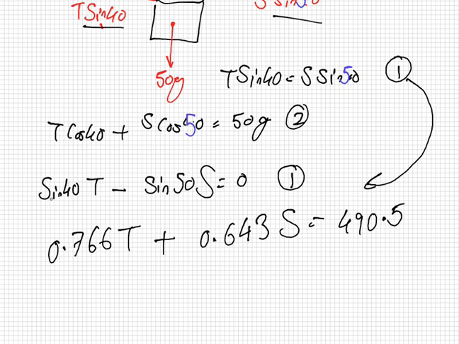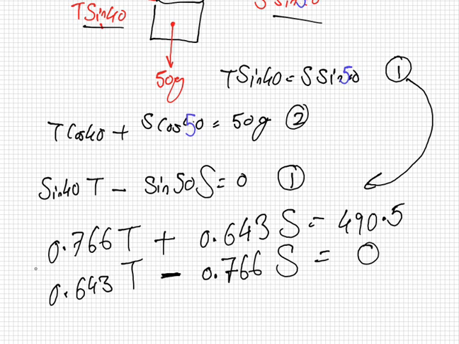And then in this equation, sine 40, so you have 0.643T minus 0.766S equals 0. So this is what I wanted, two equations like this.